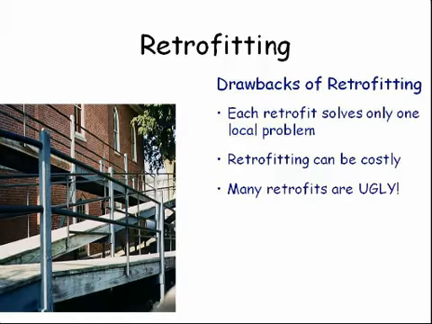So the other side of that is looking at retrofitting, or the drawbacks of retrofitting. It can be ugly. You've seen these ramps off of public entities, and they're just not pretty. But if you design it from the beginning, you can include many different types of really nice accessibility features, and you won't even know about it.